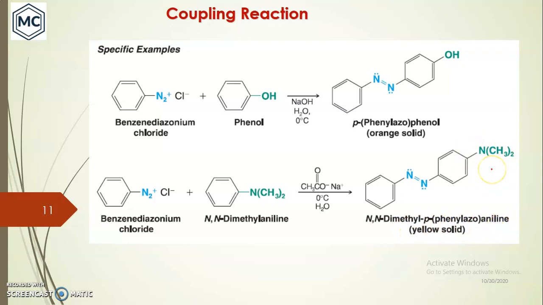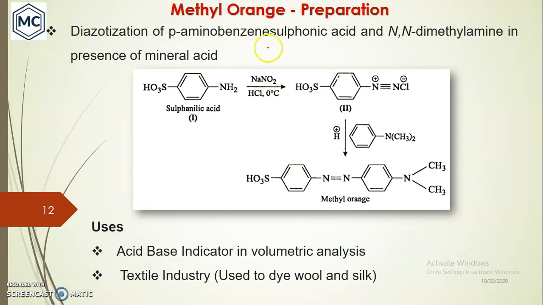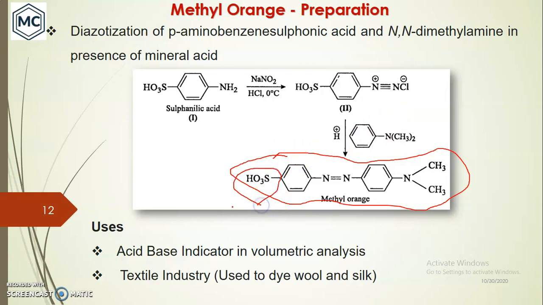The last one, methyl orange preparation. This is the structure of methyl orange, and this compound is very similar to our previous azo-based example; the only difference is that you have an SO3H here. How can methyl orange be prepared? It can be prepared from sulfanilic acid.